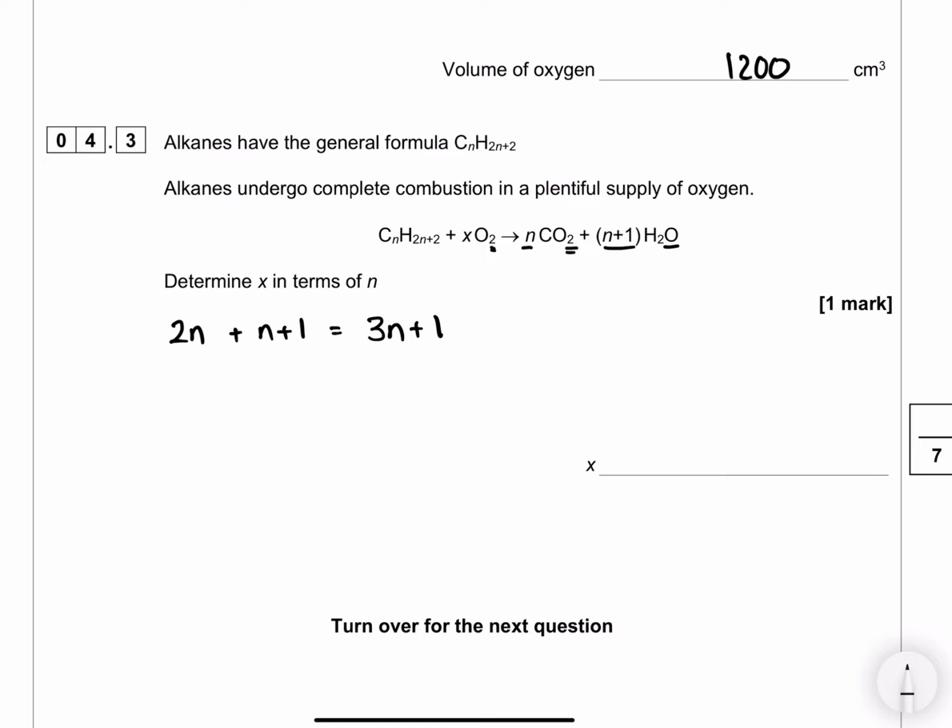And because there's a 2 in the formula of O2, this is the number of O's, so x equals 3n plus 1 divided by 2, because it's O2. So that would be our answer, 3n plus 1 divided by 2.